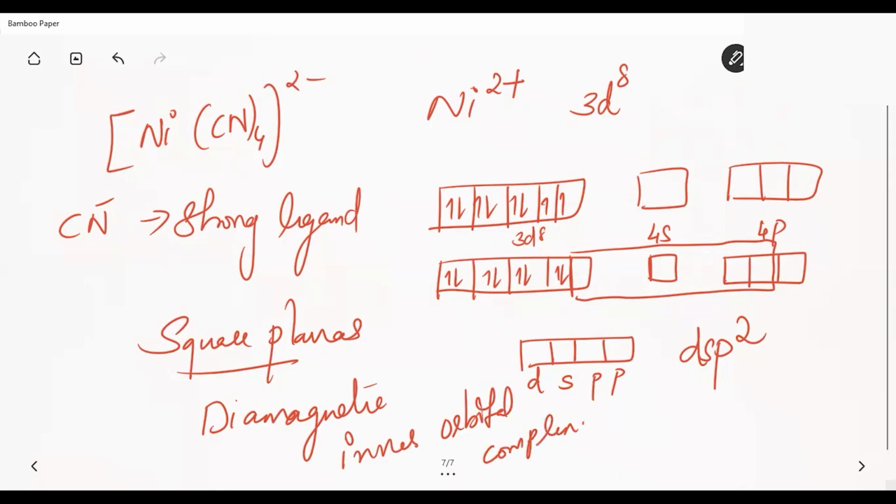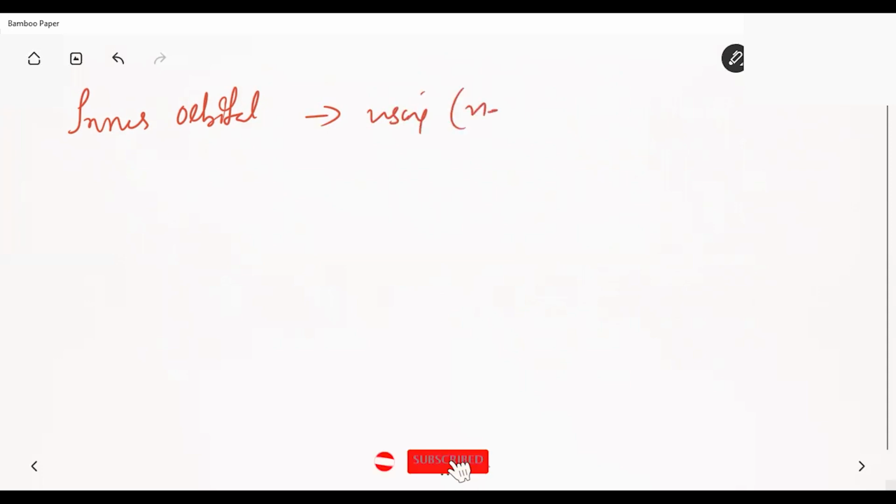So this is all about hybridization, then geometry, etc. While using Valence Bond theory, we will get clear-cut information. What do you mean by inner and outer orbital complex? Inner orbital complex is formed by using inner d orbitals, that is (n-1)d orbitals.